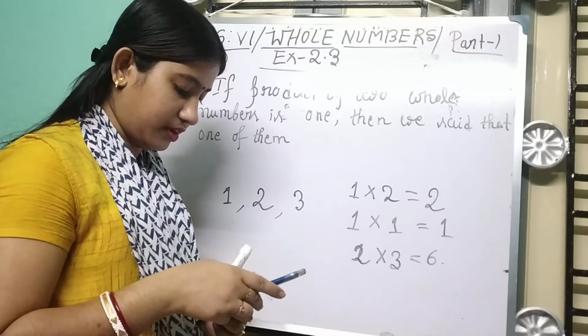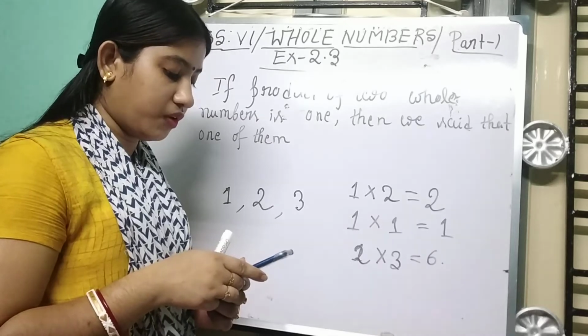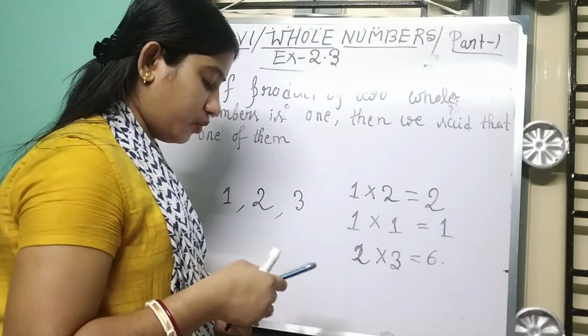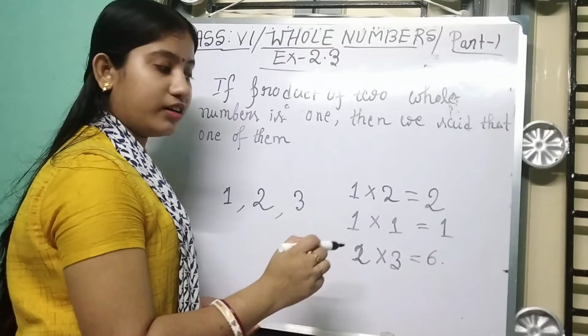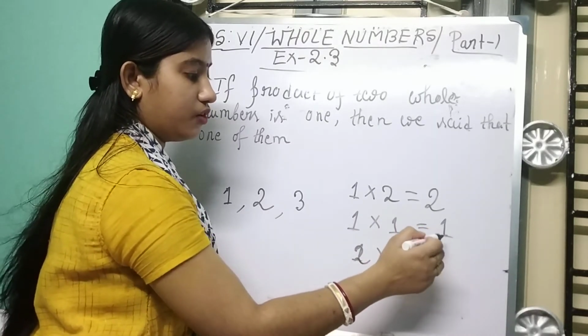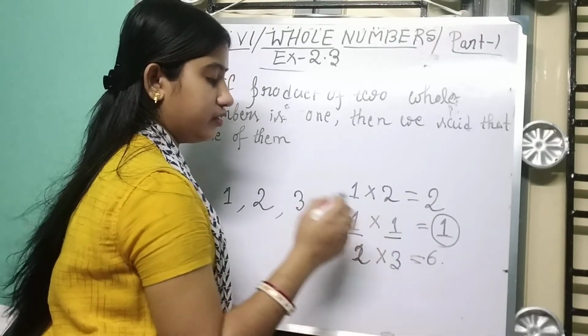So as per question number 3, the product of two whole numbers is 1. Can we say that one or both of them will be 1? So we see that if the product of two whole numbers is 1, obviously both whole numbers are 1.